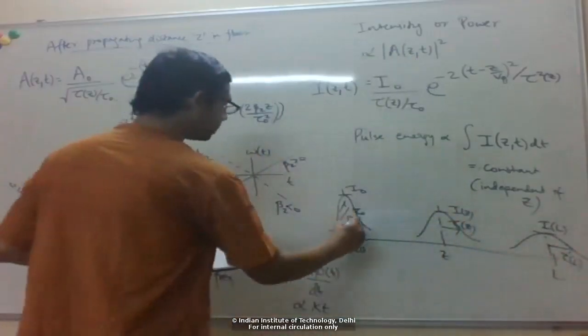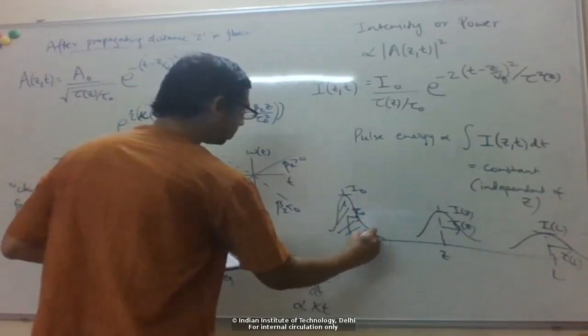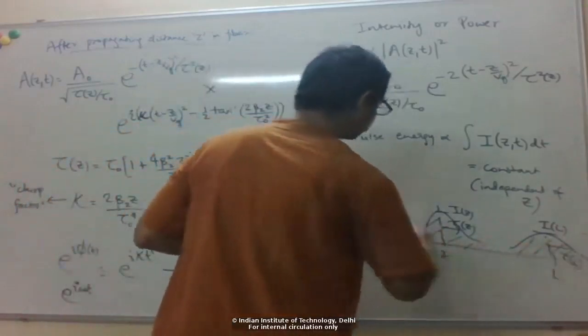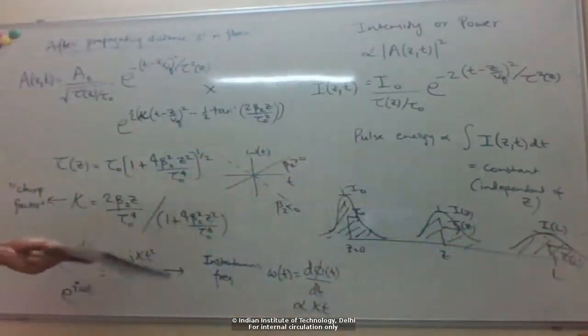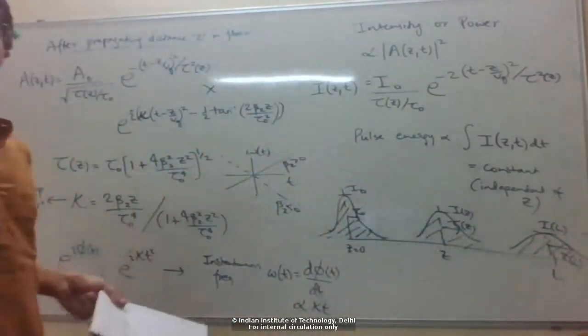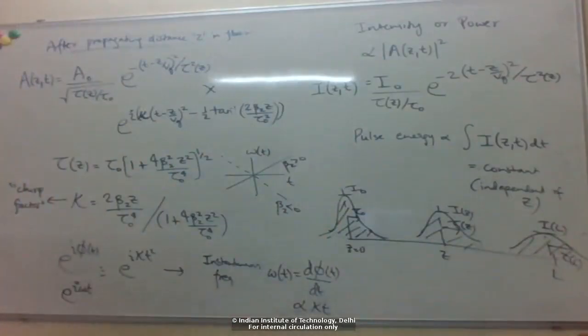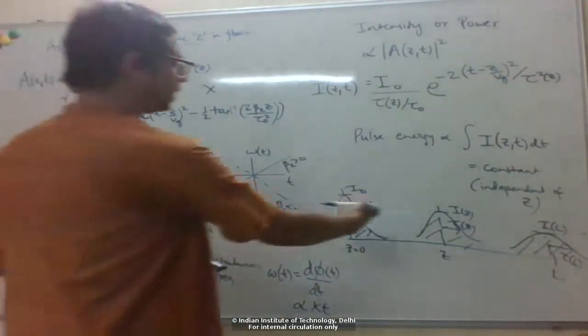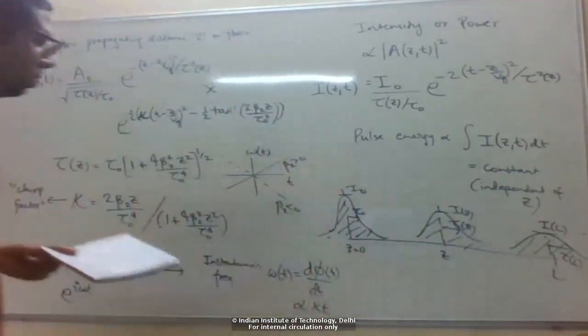The area under this curve is the total energy in the pulse, which would be the same for any position. The pulse energy has to be conserved because we haven't taken any loss. So that's how the intensity or power in the pulse looks.